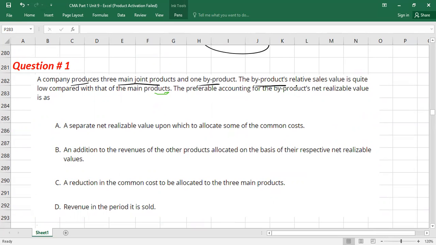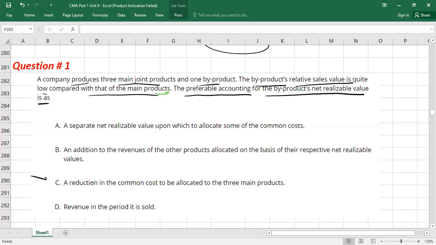The byproduct's relative sales value is quite low compared with the main products. Obviously, it will happen because a byproduct will always have less value than a main product. The preferable accounting for the byproduct net realizable value is as. What is preferable? I told you. You should record a separate line item, or you should deduct from the joint cost or cost of goods sold.